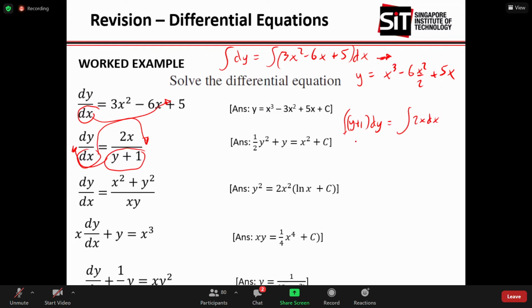The left-hand side solves to 1/2 y squared plus y, and the right-hand side solves to x squared plus c.